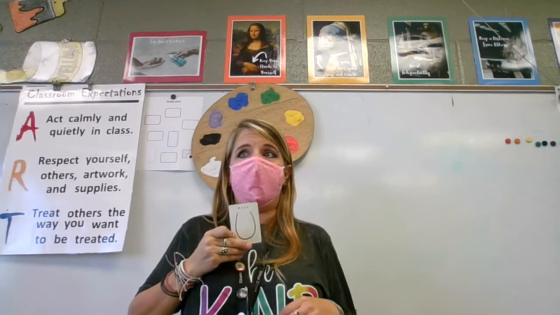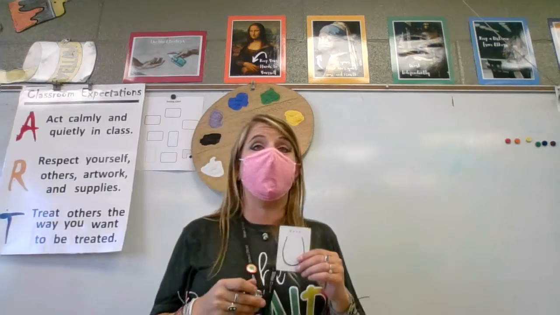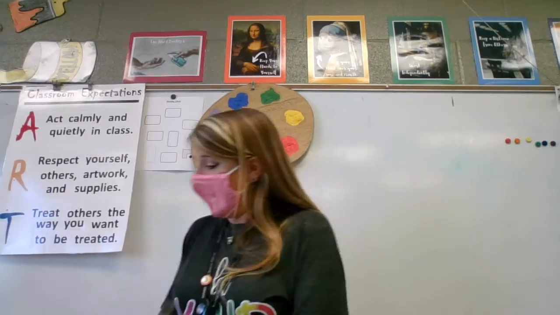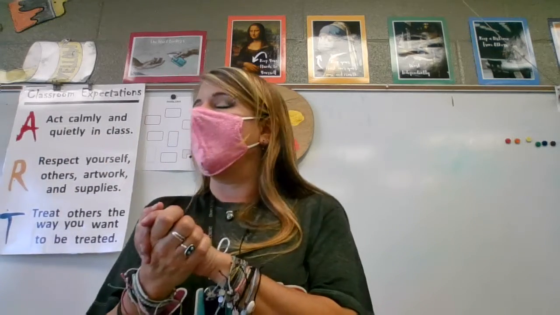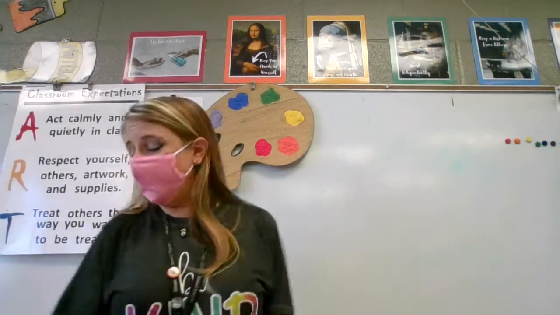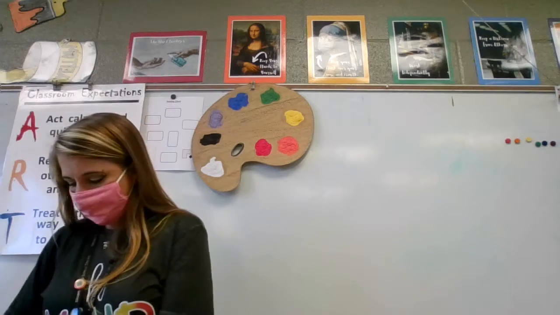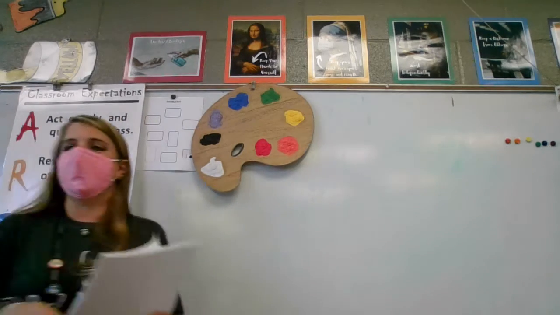I could draw it up high or down low on the face. Everything you do, the choices you make, is going to change the way your character looks, okay? Same thing with the eyes and the mouth and the hair. You're going to get to adjust it for your character, okay? Like I said, I'm going to do one on the board with you, so you'll get to kind of see.